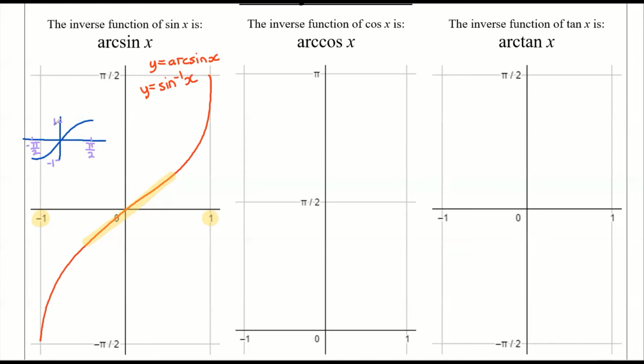If you tilt your head, or if you've got the paper in front of you, maybe rotate it so that the pi/2 and -pi/2 are running horizontally. You can see that if you rotate your page, it just looks like the sine graph, but running backwards, essentially.